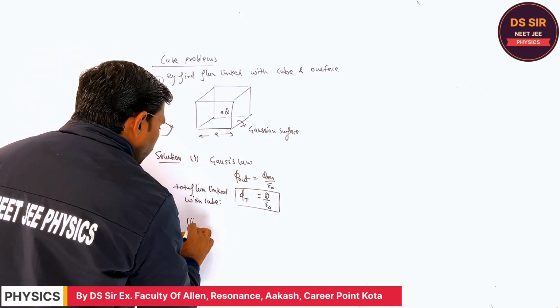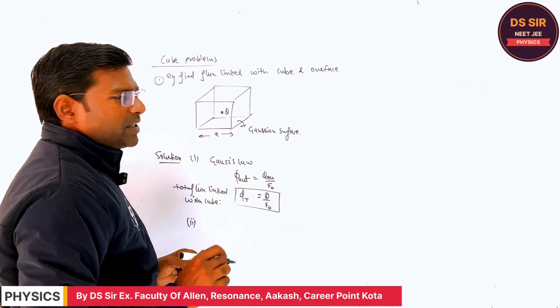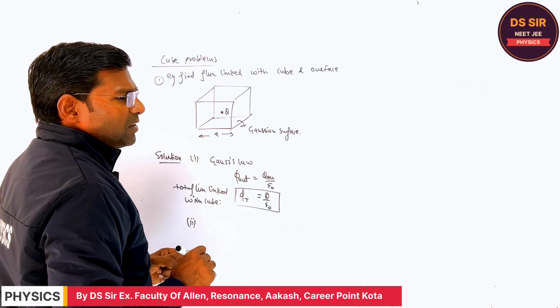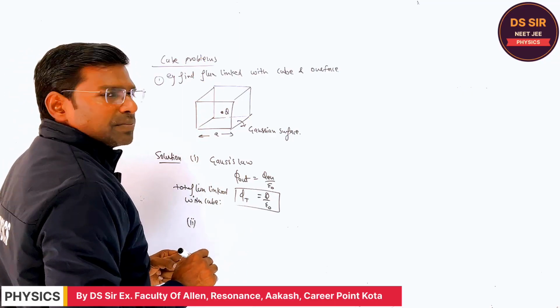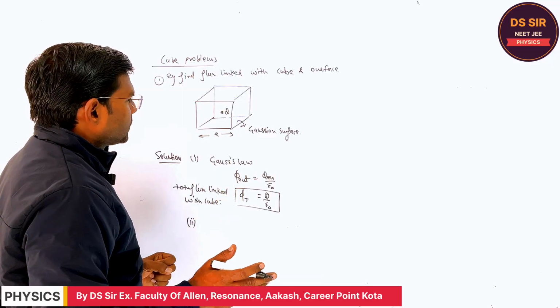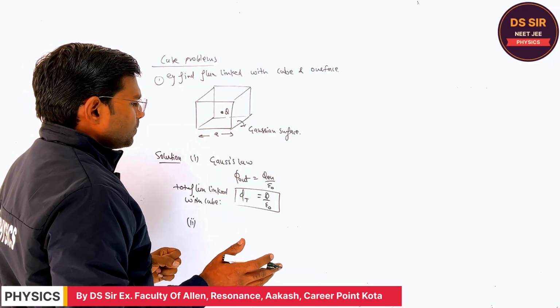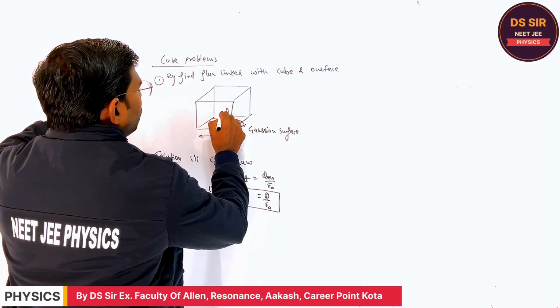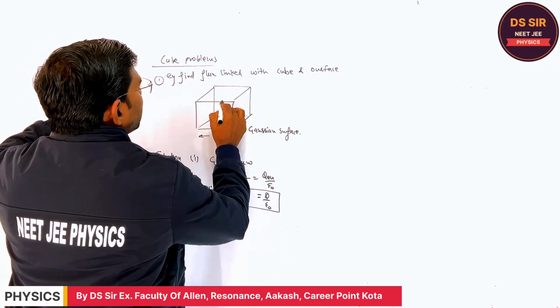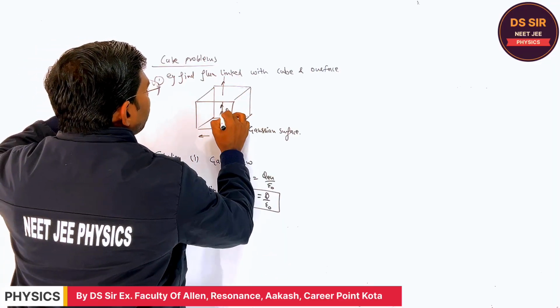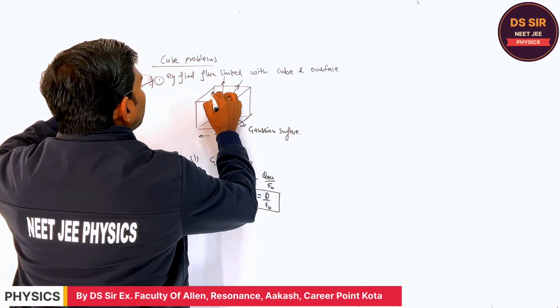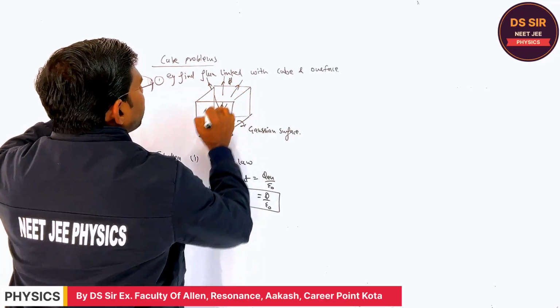Now if you want to find the flux linked with one face, it will be Q by 6 epsilon naught. How to do this? Suppose this is the flux linked with one face, phi dash.